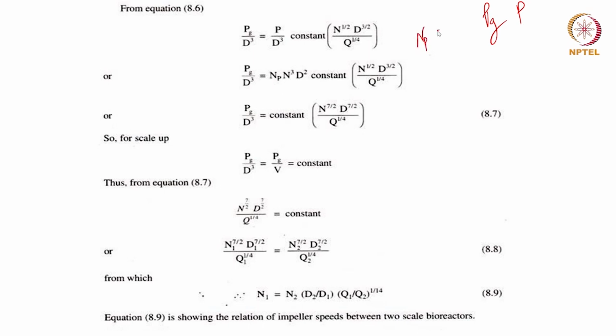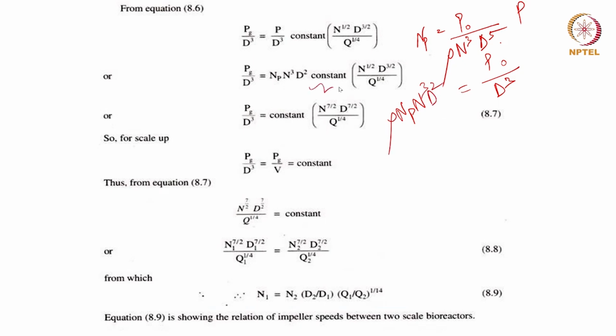The power number is P naught, ungassed power requirement, by N D to the power of 5 into rho. Now again this is a constant. So then your P naught by D cube from here can be replaced as NP multiplied by N cube times D square.